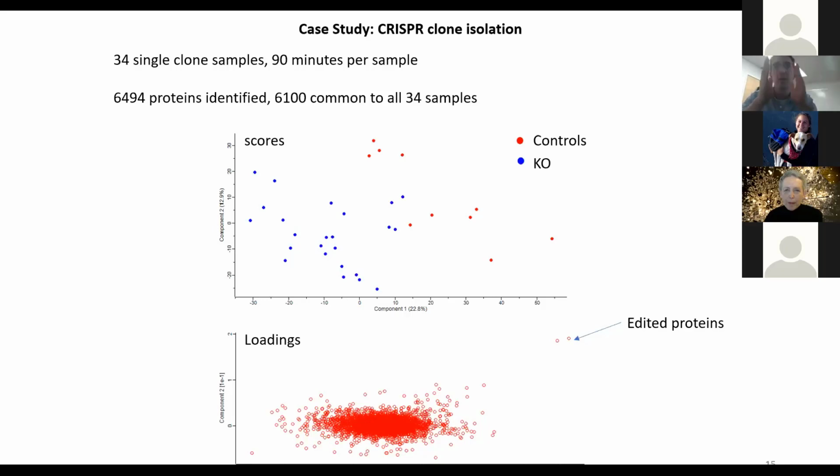So digestion, solid phase extraction, onto the mass spec, and then 90 minutes and 6,100 proteins common, and a total of almost 6,500 proteins in 90-minute runs. And then this figure can be used to view which are the edited cells, which are the unedited cells, and then also to identify the edited proteins.